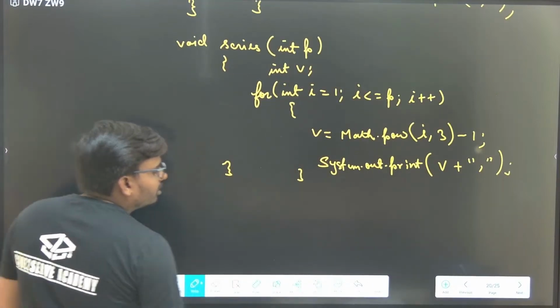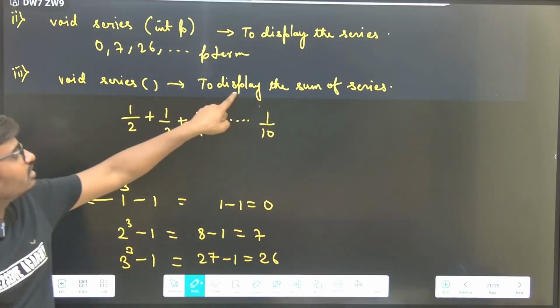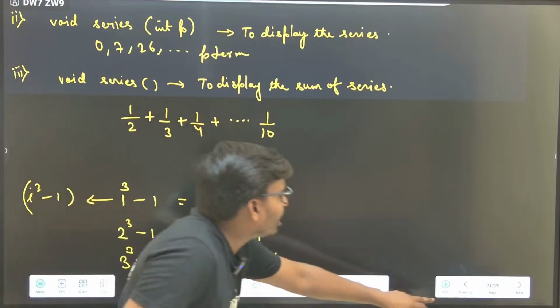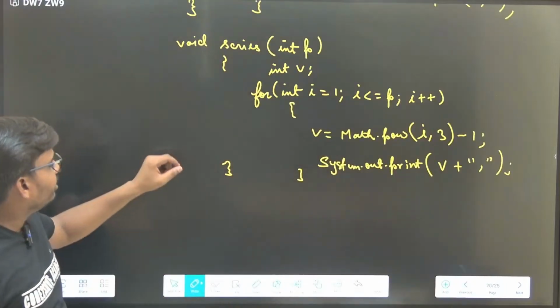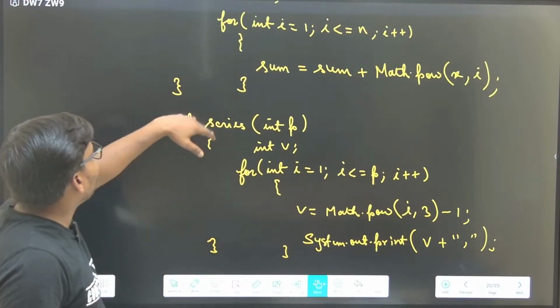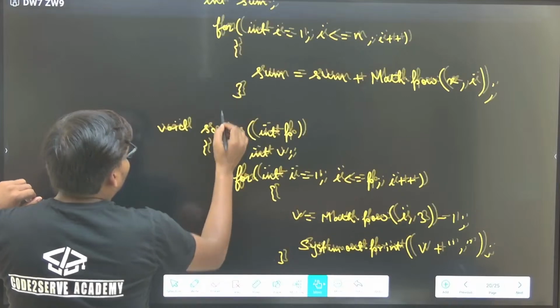Next, the third one says you have to display the sum. Here it is telling you to display the sum. So in the last problem, we didn't print the sum. Okay, so here after this for loop ends, you have to just print the value of sum.